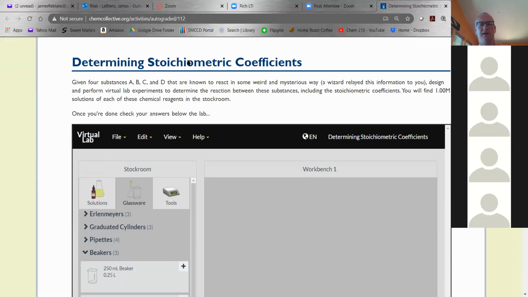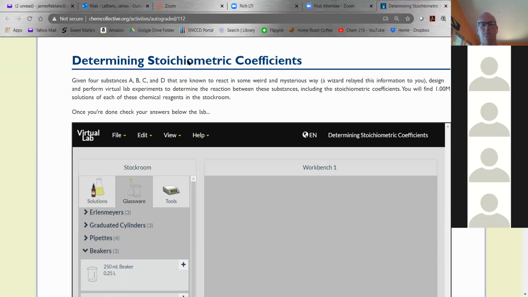You should get determining stoichiometric coefficients. So you don't get this page, you get something else? There is a message that shows up. So you're seeing the page, but you can't click on anything? Is that the issue?